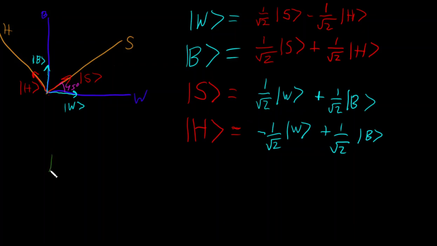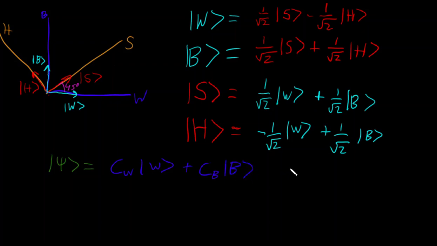Now, if I have a state vector psi, and I'll write this in blue in the color basis, it has some C_W times the white ket vector, plus C_black times the black ket vector.